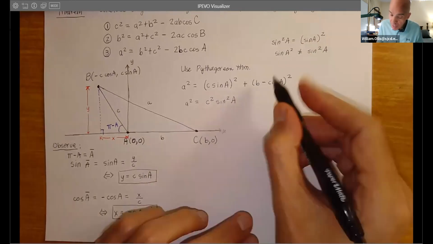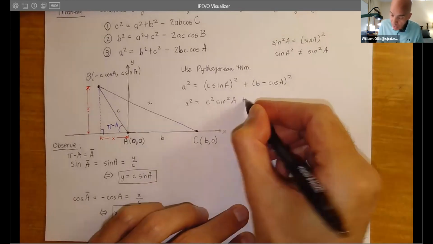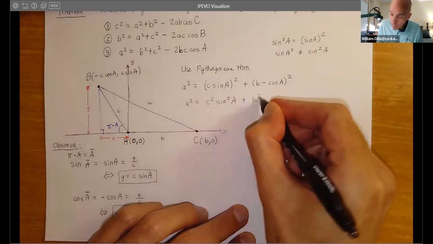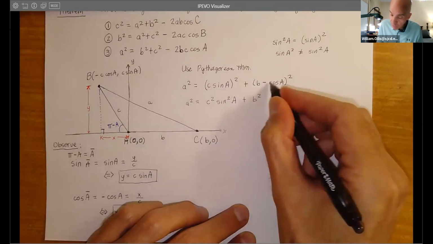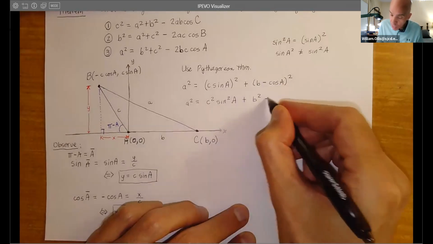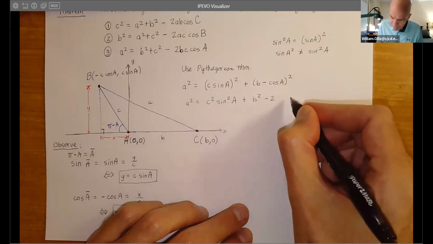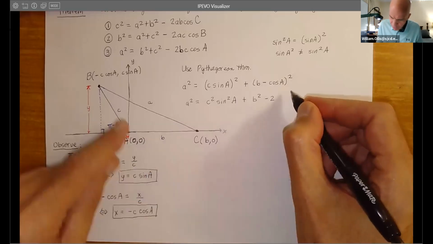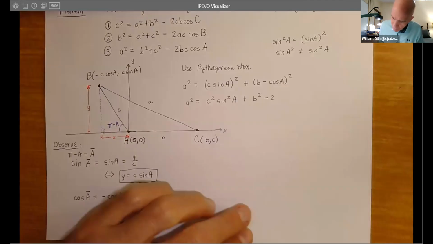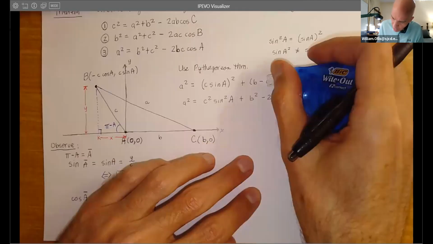Now let's square this, square the binomial. How simple, right? We have b squared, and then we take the product and hit it with a minus 2. So minus 2. Oh, and over here I left out my c. Let me give a little more room for the c here.